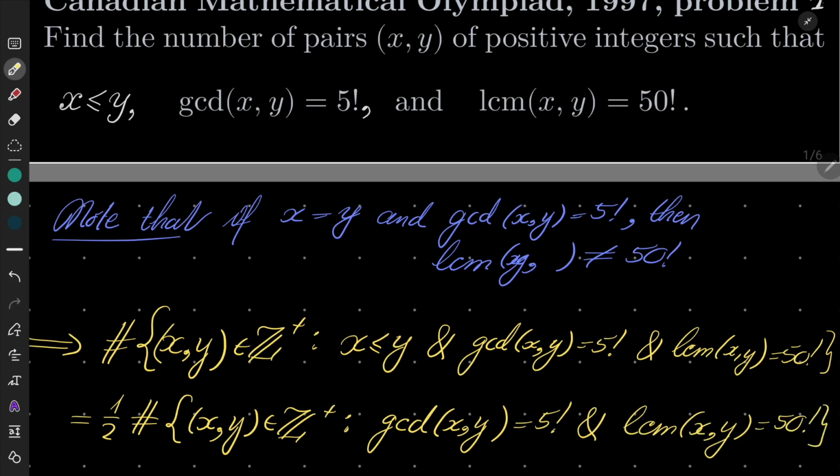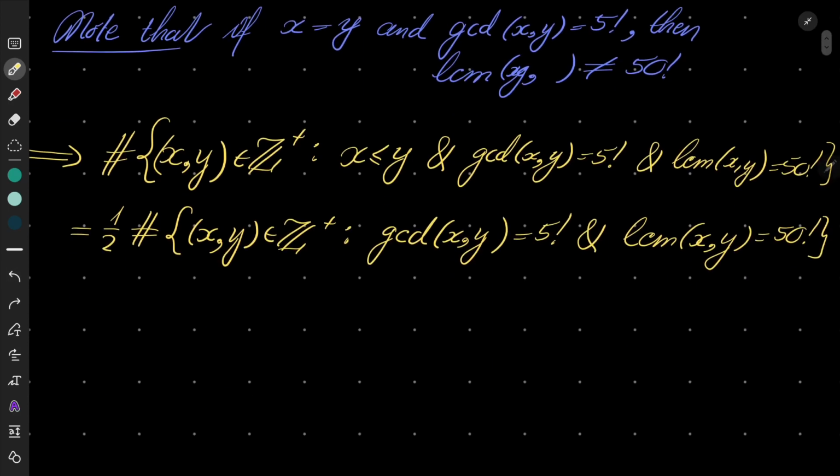Why is that? Well, because of symmetry. We see that these two conditions are symmetric with respect to x and y, and there is no middle ground in here. X cannot be equal y, so changing x and y gives us the same number of pairs. Okay, so now let's tackle this problem.